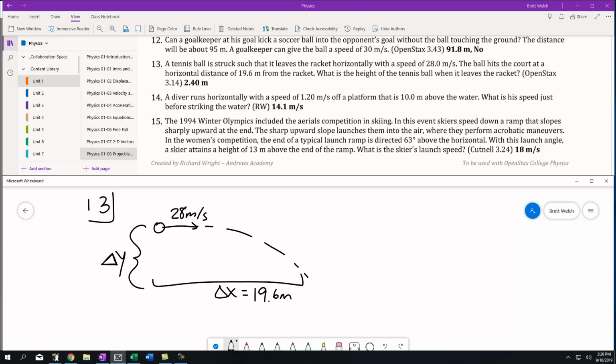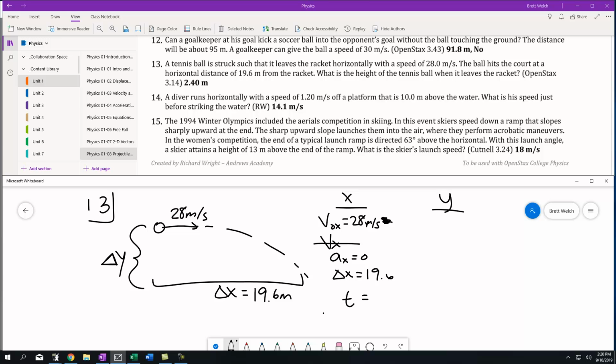Well, if we go in and do our x and y information, we can fill a few of these things in. For instance, v naught in the x direction is 28 meters per second. Vx we never use. Ax of course is 0. Delta x is 19.6 and t is unknown.